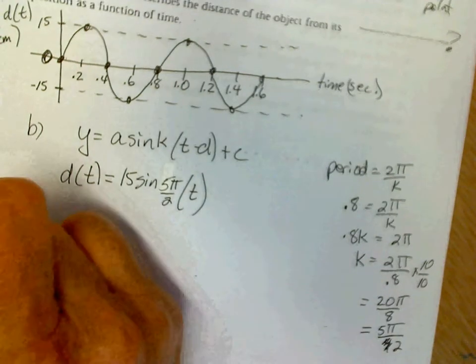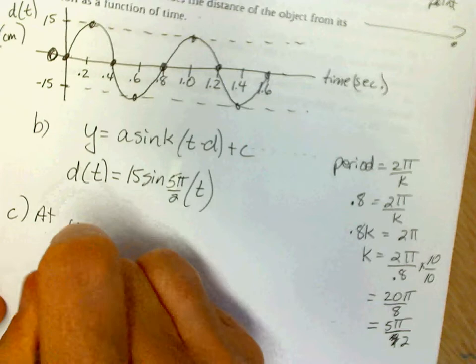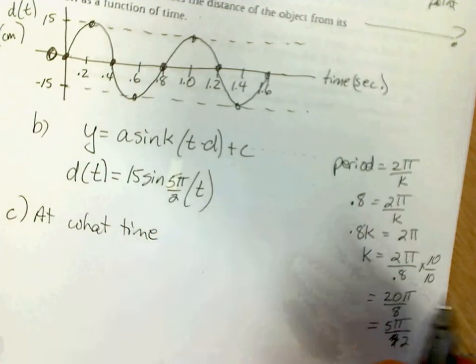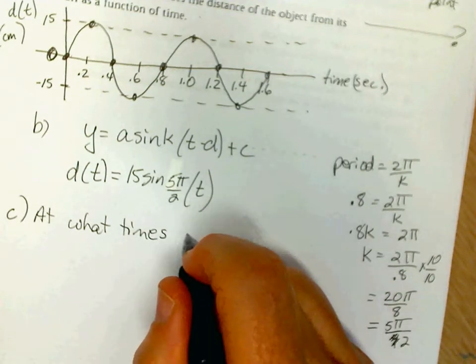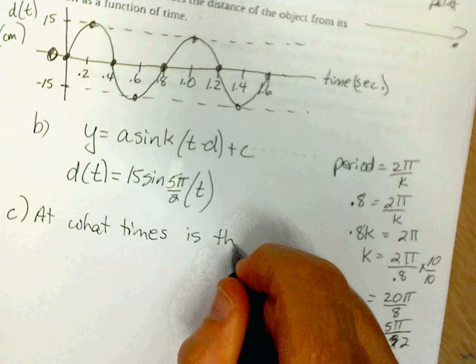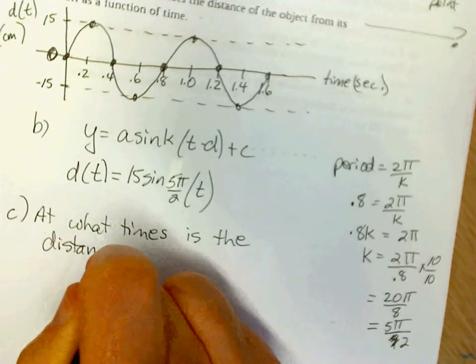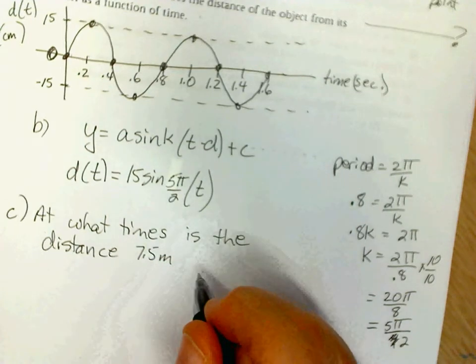At what time is the distance 7.5 meters above the mean position?